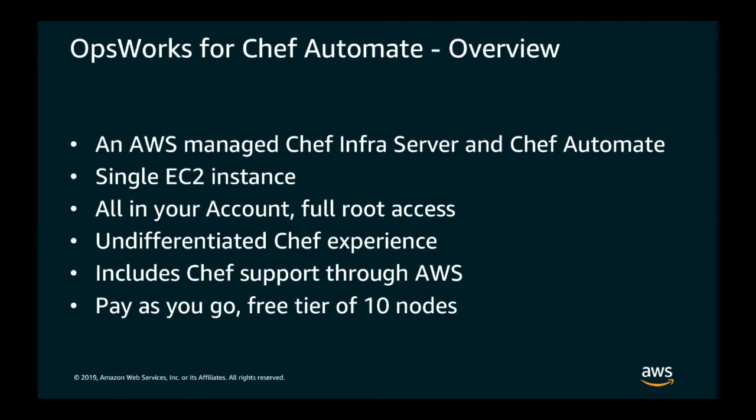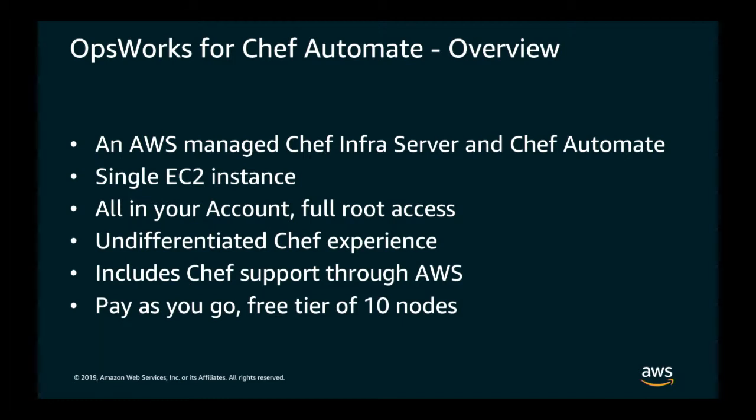How it works is you go to the Service Console or API or SDK. You say, I would like to have a Chef Automate and Chef Infra Server in this region of that instance size. And then OpsWorks takes care of launching it, installing all the necessary software dependencies, and doing all the operational aspects of it, which we will talk about in a second.